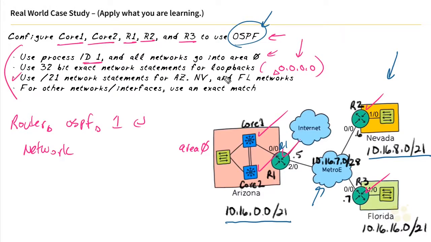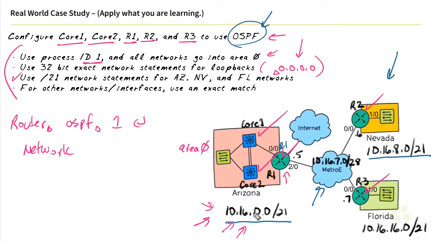Okay, so to confirm what they're talking about here, Arizona has a block of addresses 10.16.0.0/21. All their IP addresses here fall underneath that block of addresses. And so this is asking us for the Arizona router to use one network statement to include that. And I'm also going to read into that because they want to match on a /21, this guy right here. We want to have it pretty much exact.